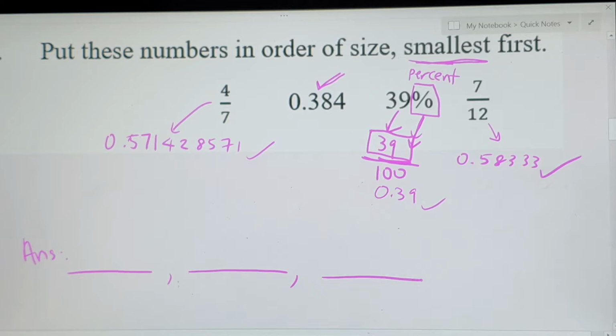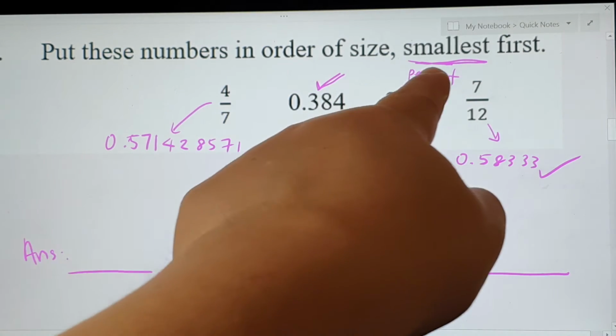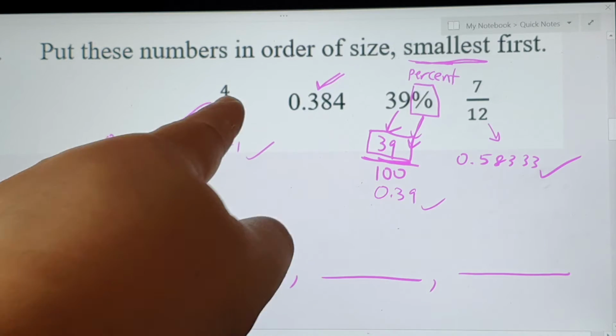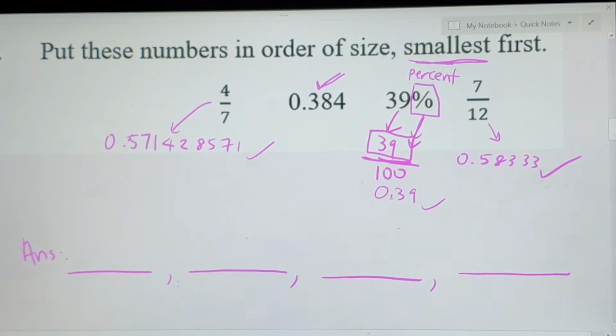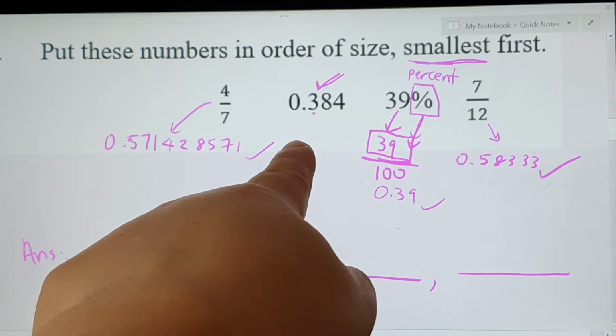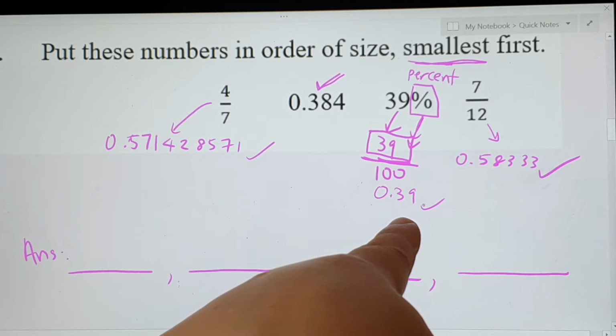And remember, in your final answer, you cannot write all these decimals. You must start with the smallest. You see which one is the smallest, and then you write the original numbers that they give you. So which is the smallest? 0.5 is more than 0.3. Then 0.38 and 0.39, which one is smaller?